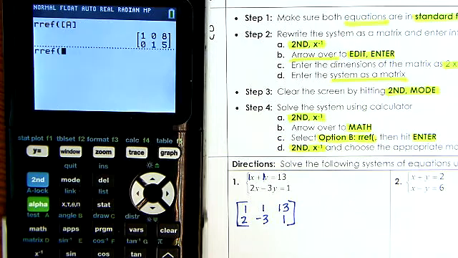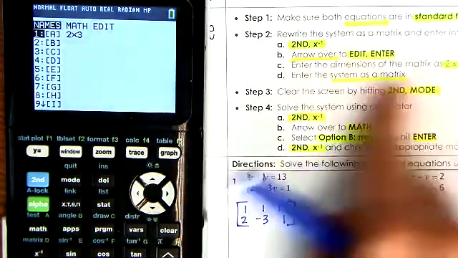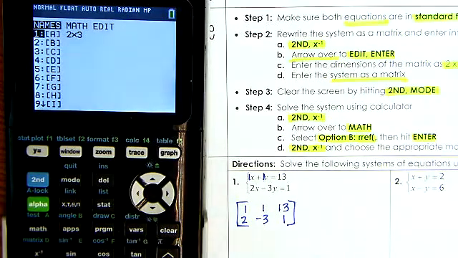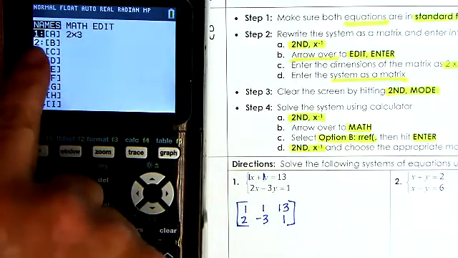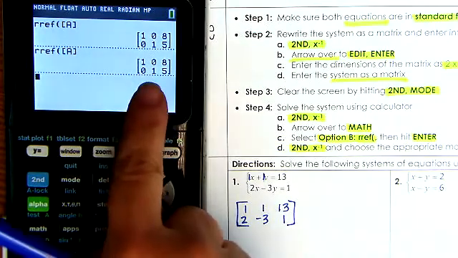Press enter. Now I have to tell it which matrix to use. So I go back to the matrix, second matrix, and you have all of these steps written right here. We choose A, it's highlighted. Press enter. Now I have my answer.